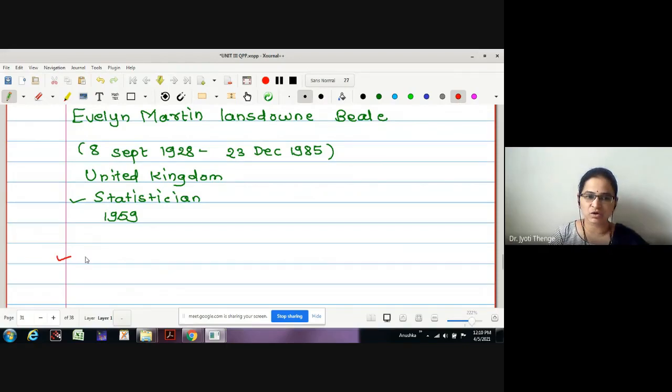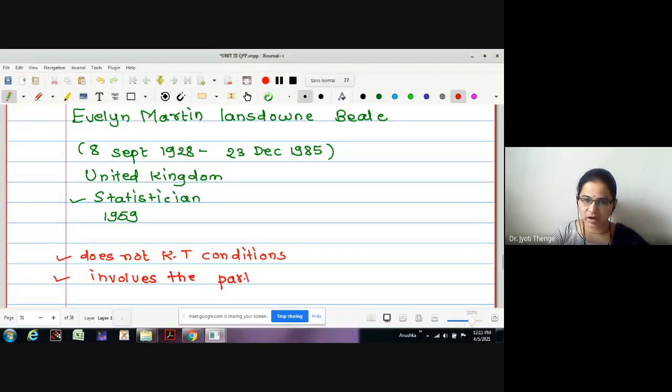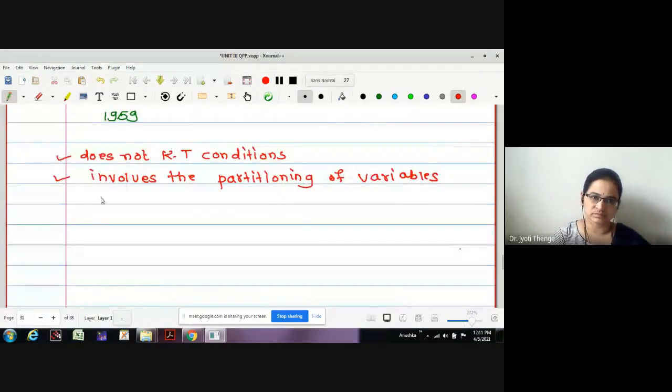First, it does not use Kuhn-Tucker conditions. Second, it involves the partitioning of the variables into basic and non-basic variables.